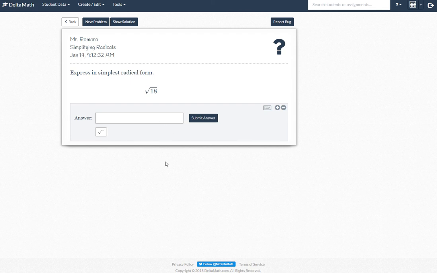Express in simplest radical form. It gives me an 18. This week is on Delta Math.